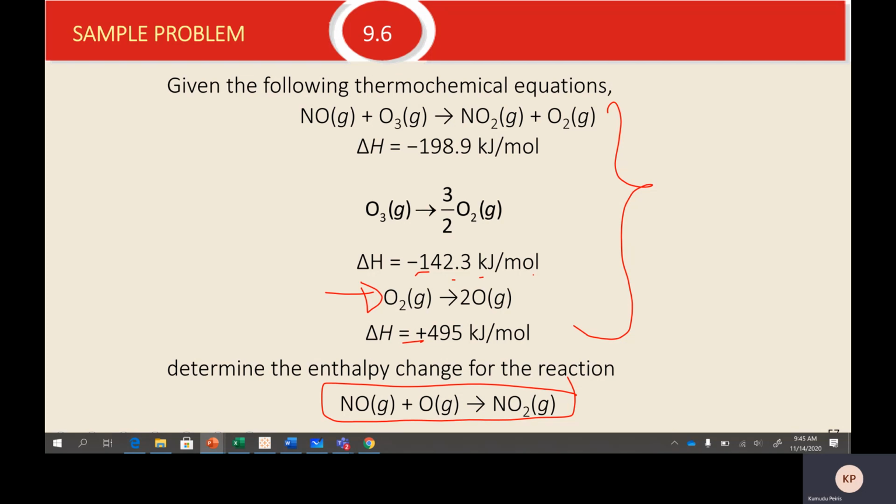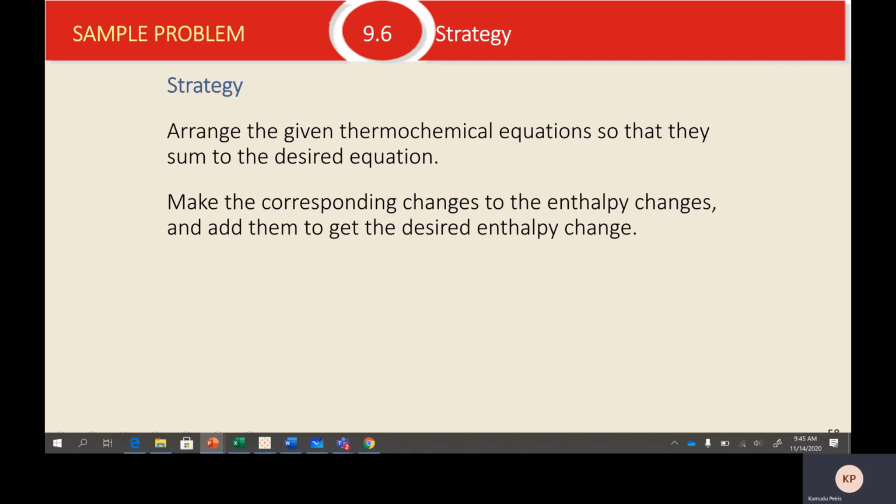We are going to use the principle discussed under Hess's law. We are going to arrange these thermochemical equations in a way that the sum of those three equations results in the desired equation.